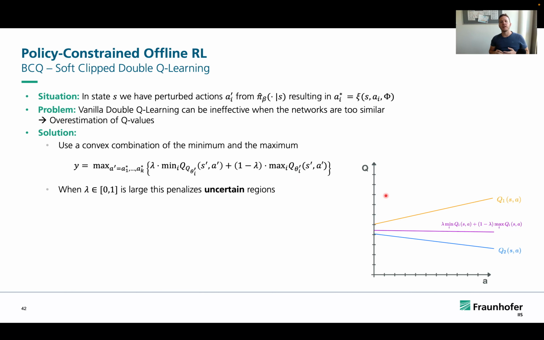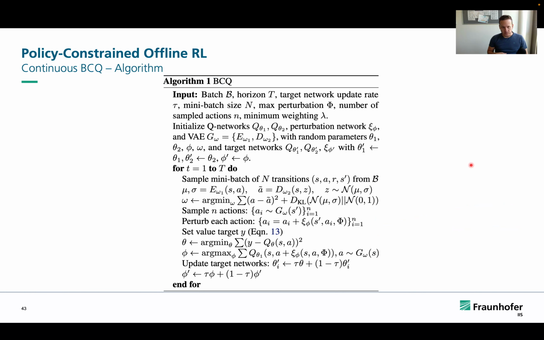This can then be used to fight the overestimation error in Q-learning when we approximate the Q function. Okay, so these are the three components. The CVAE, in my opinion, is the most important thing, and the DDPG is then used to search around the actions to reduce the need to sample so many actions from the state space in order to get the maximizing action. So this is the pseudocode of BCQ.